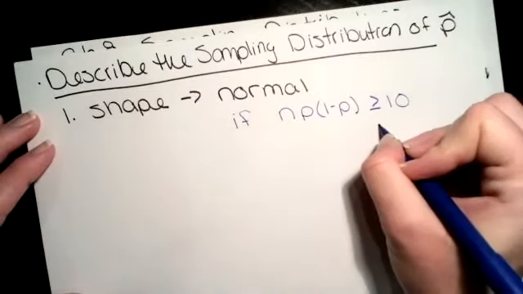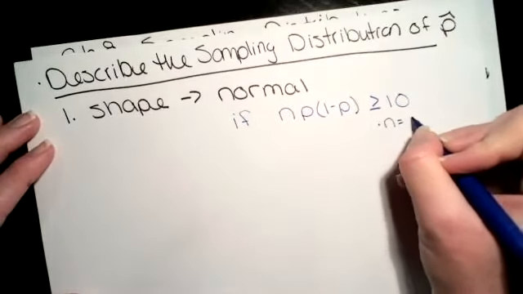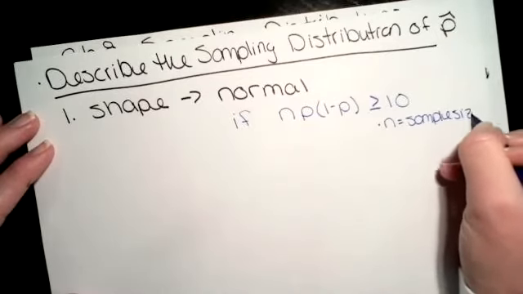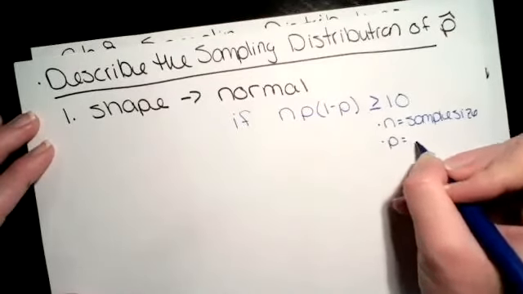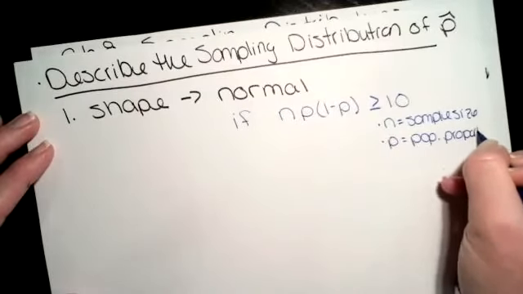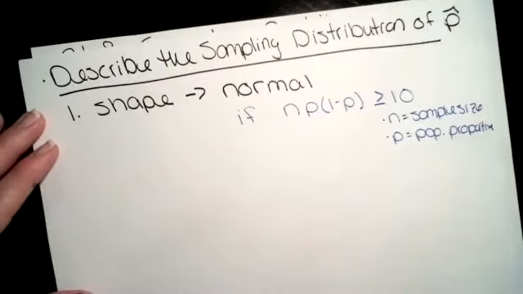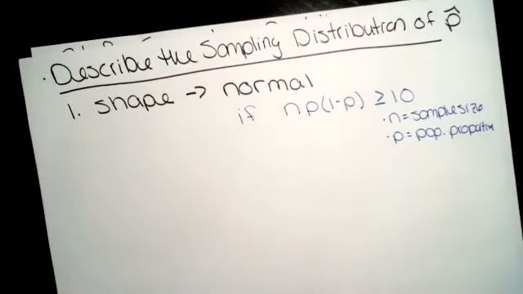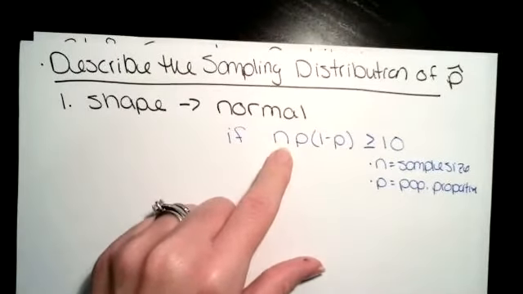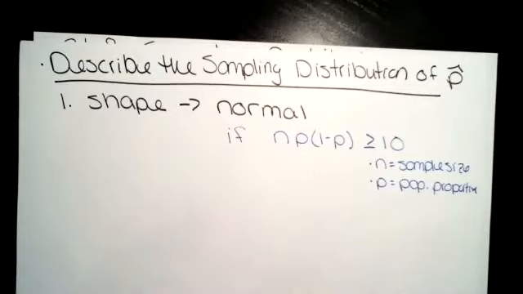So I just want to remind you, n is my sample size. I know I just wrote it on this slide before. And p is the population proportion. Just like to remind you here what that is. So you can't just say, well, n has to be a certain value and p has to be 25% or something.